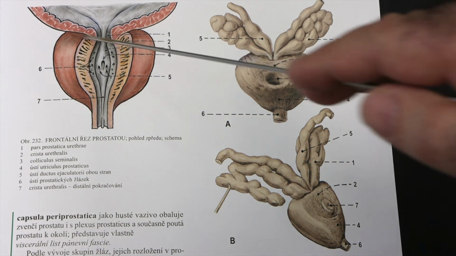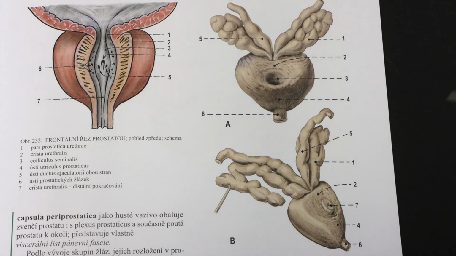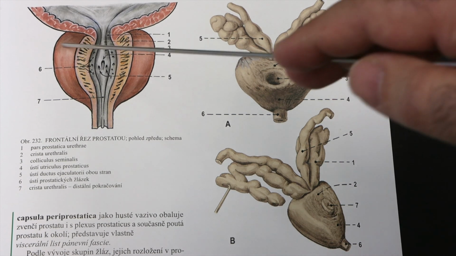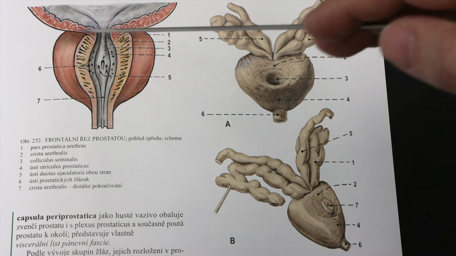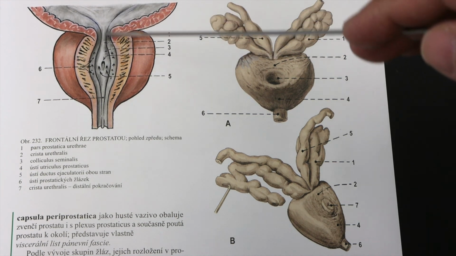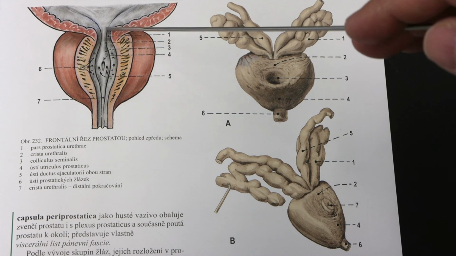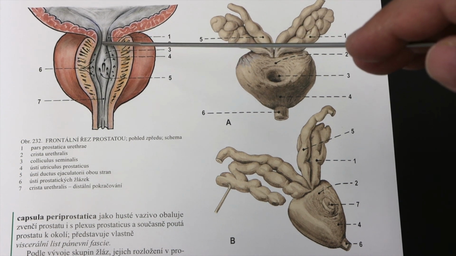The part that is toward the urinary bladder is called the base. It's going superiorly and posteriorly, and it is the part of the prostate gland that is attached to the urinary bladder. From the neck of the urinary bladder, the urethra continues to, or enters, the base of the prostate.